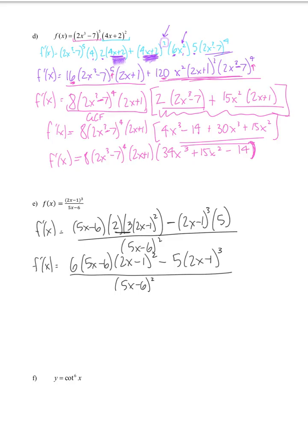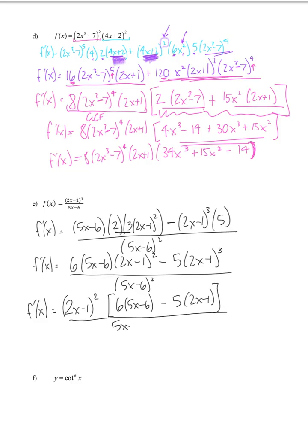Now when I go to factor the numerator, it looks like the only thing I have in common there is a (2x - 1) squared, which leaves me with 6 times (5x - 6) minus 5 times (2x - 1), all over (5x - 6) squared.